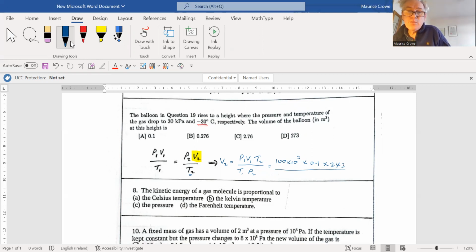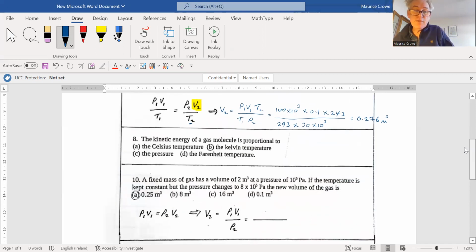T1 was the original temperature, that was 293. And P2, the new pressure, is 30 kilopascals, 30 multiplied by 10 to the power of 3. I did all this one out earlier, and I got 276, and it's volume, so it's meters cubed. So it's this one here, B.